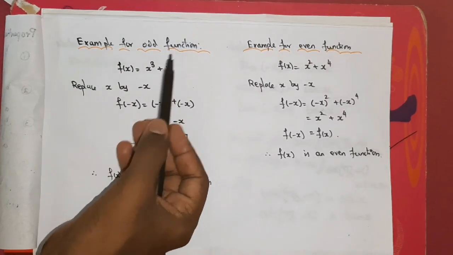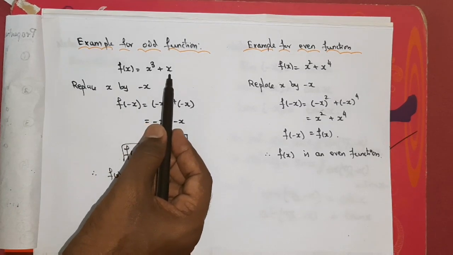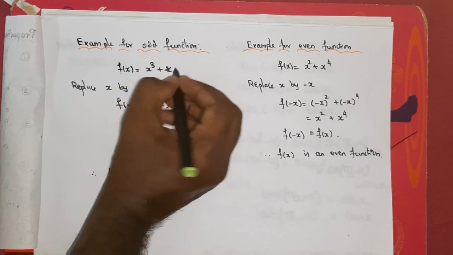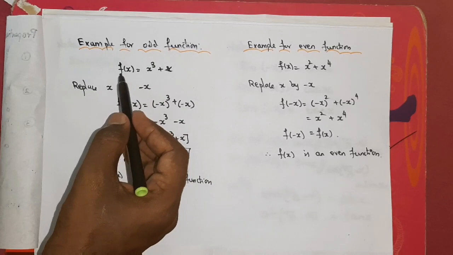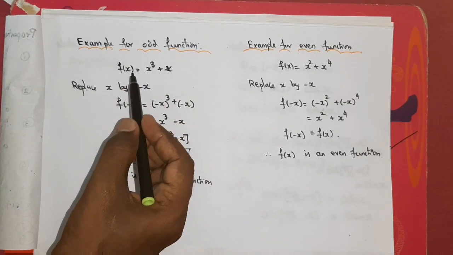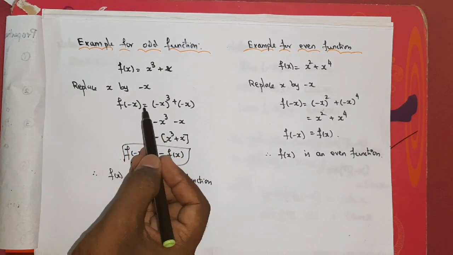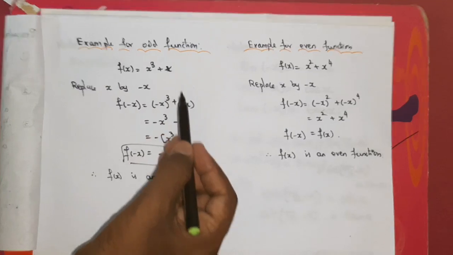Here is the first example, for an odd function. Suppose the given function f of x is equal to x cube plus x. First we have to replace x by minus x, that is, wherever you have x in the whole function, you put minus x. So f of minus x is equal to minus x the whole cube plus minus x.